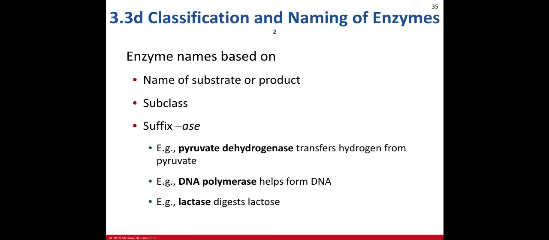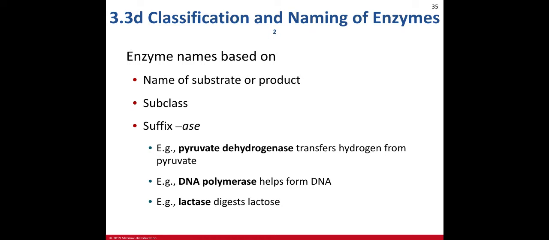How do you name an enzyme? Well, it's normally named for either the substrate or the product. They often do have some sort of subclass to them, and we usually use the suffix ase at the end of it to sort of tell you what it does. So we've got something like pyruvate dehydrogenase. That's going to move hydrogen from pyruvate. So the pyruvate and then dehydrogenase, moving hydrogen from it.